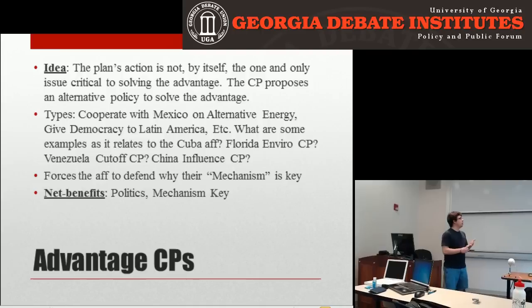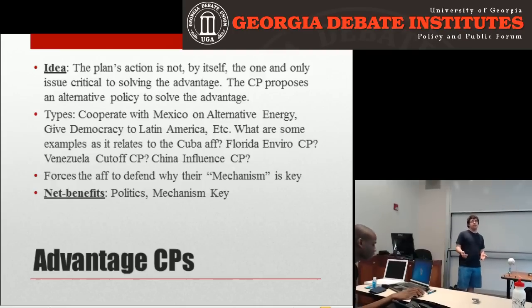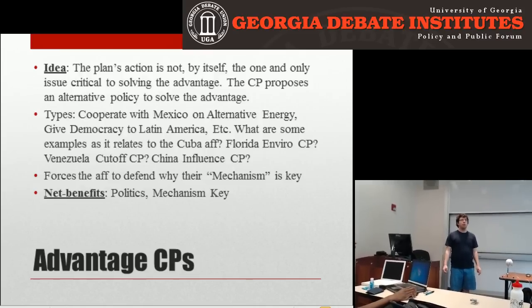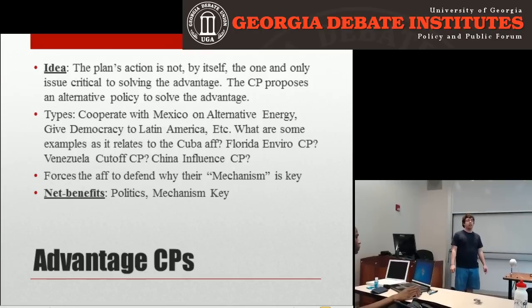And so there's another advantage that says the U.S. has to signal influence to basically kick China out of Latin America. What sort of advantage counterplans can you think of as it relates to that? To basically signaling U.S. influence in Cuba, what's an advantage counterplan to solve the second advantage of the Cuba affirmative?